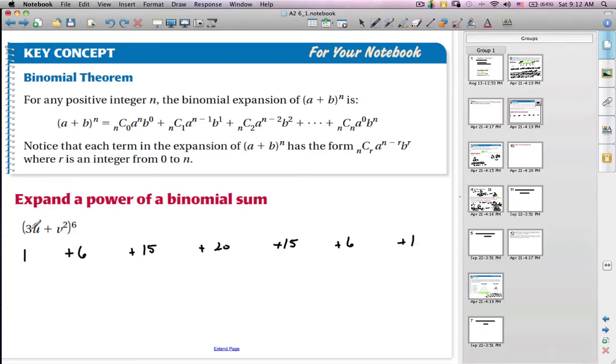And now this is going to be a little complicated because now I've got this coefficient 3. It's also part of this. So I'm going to have 3u to the 6th, and I'll have v squared. I may not even have enough room for this. I need a lot of room.